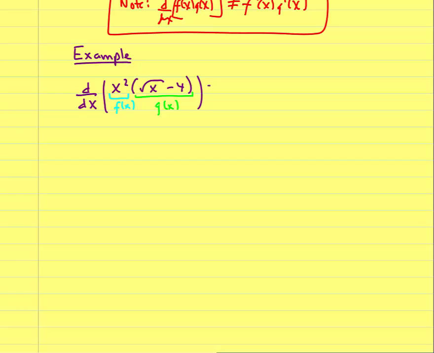So the product rule states the first function, which is f of x, is equal to x squared. So the first function times the derivative of the second function. So the derivative of, I'm going to get rid of this root. I want to focus more on the product rule, and adding the square root in makes it a little bit more complicated. So let's change that to x cubed.